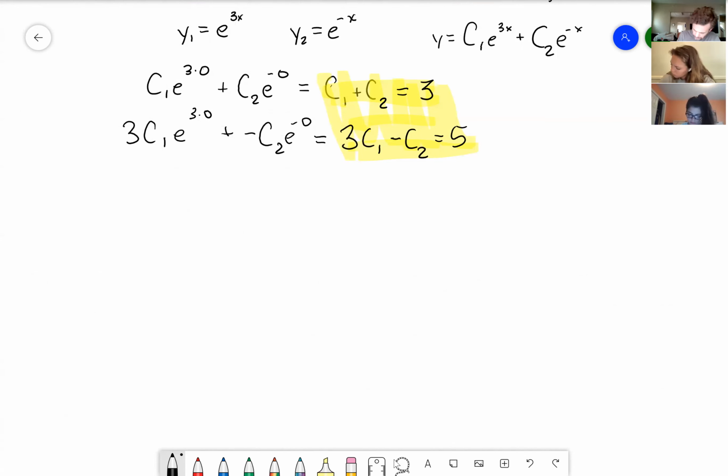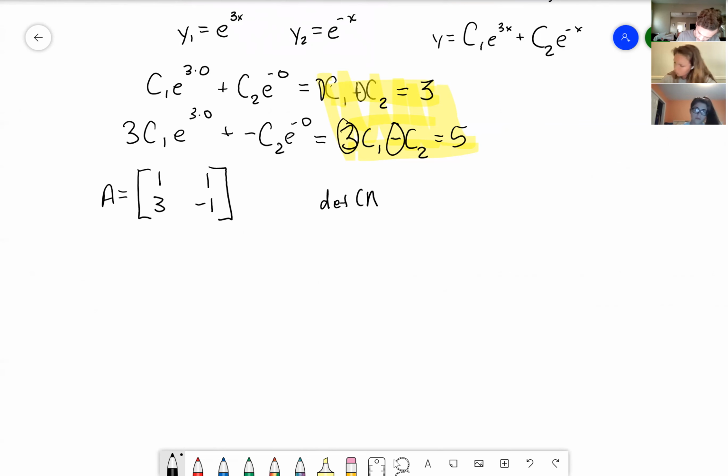So what we have is our matrix. Writing this in matrix notation, you could, of course, use any method of solving a system of linear equations in order to get C1 and C2. But if we write this as a matrix, that'll be 1, 1, that's our coefficients here, 1, 1, 3, minus 1, then we have a really nice, mentally clear way of thinking about this, which is the determinant of A. The determinant of A in this case is 1 times negative 1, minus 3 times 1, that's 3.